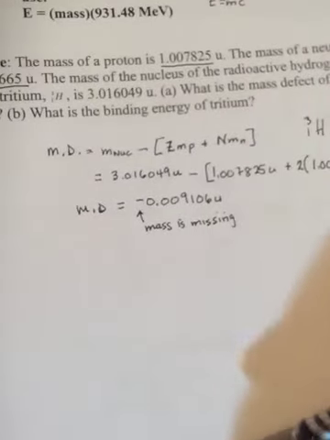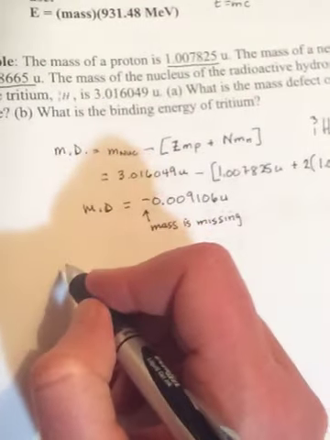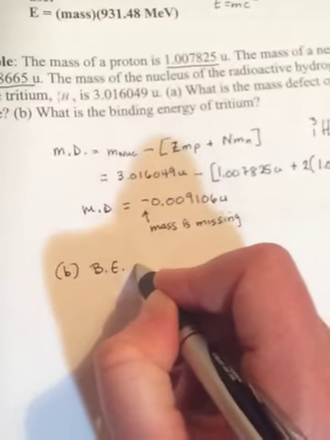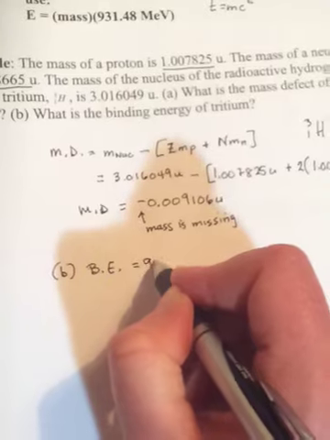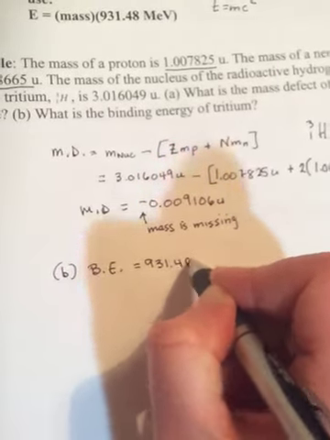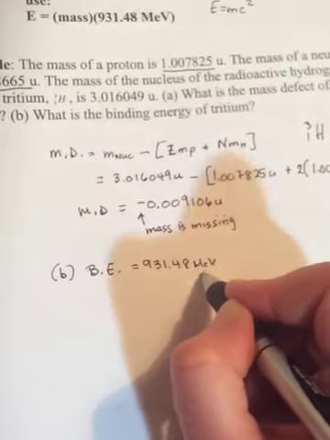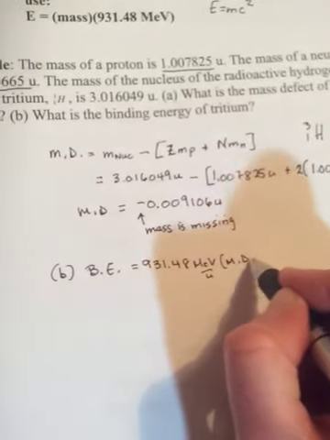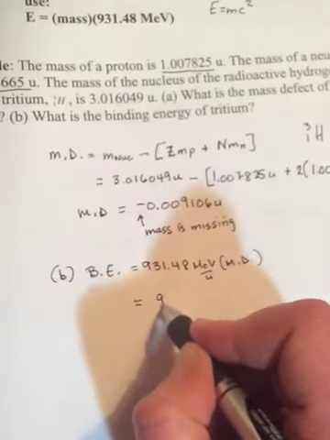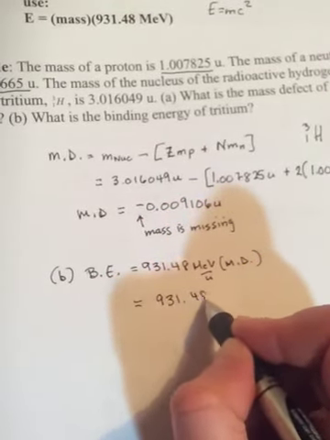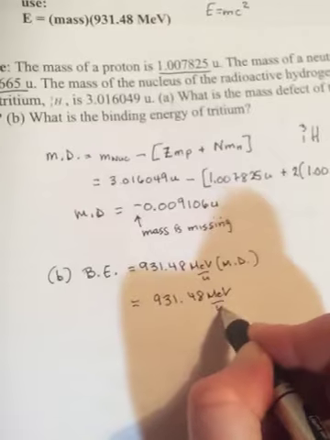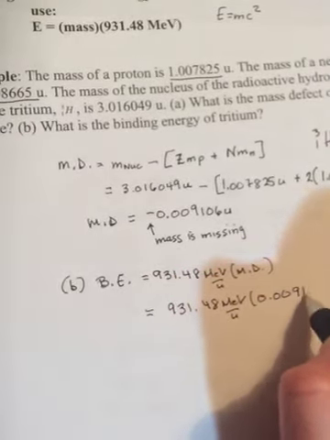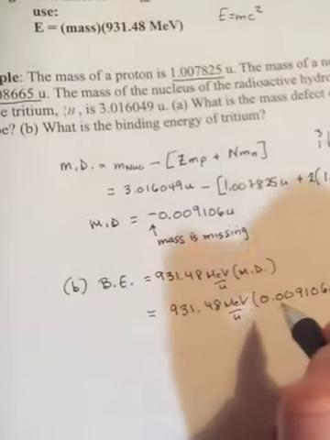If it doesn't say in joules or in electron volts, then the easiest thing to do is binding energy is equal to 931.48 mega electron volts per U times the mass defect. So in this case, 931.48 mega electron volts per U times that 0.009106 U. Do you need to keep the negative?